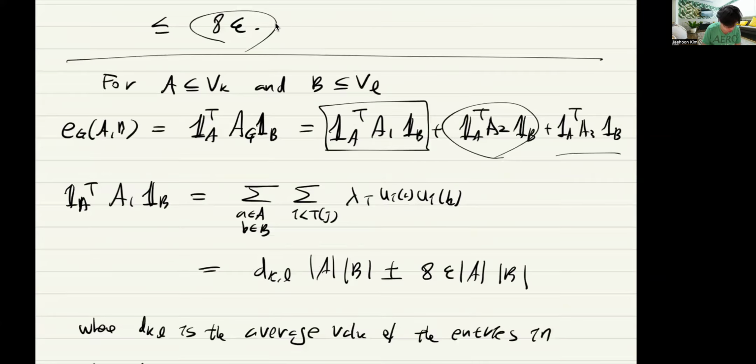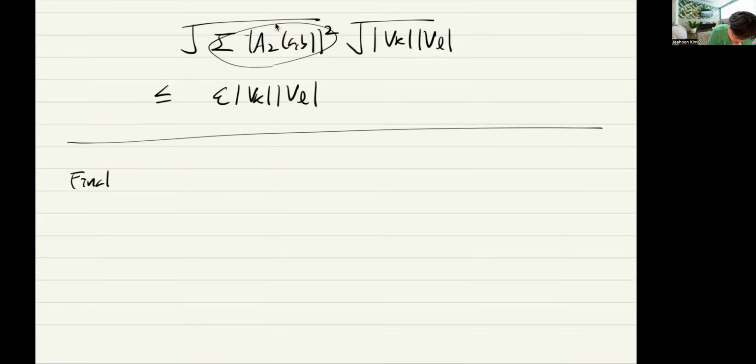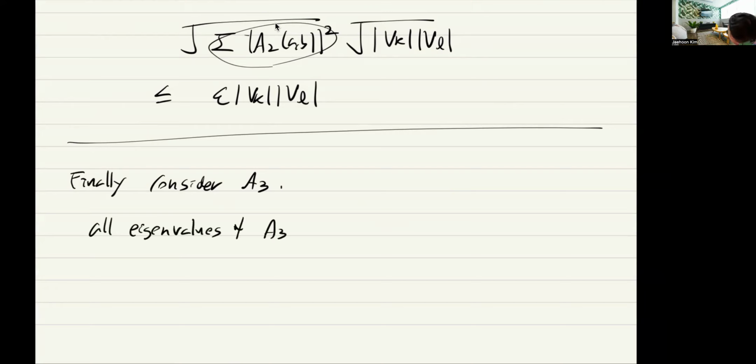Then finally, we want to show the third term. Finally, consider A3. By its choice, all eigenvalues of this A3, we know its eigenvalue decomposition, have size at most n over square root of tj plus 1.